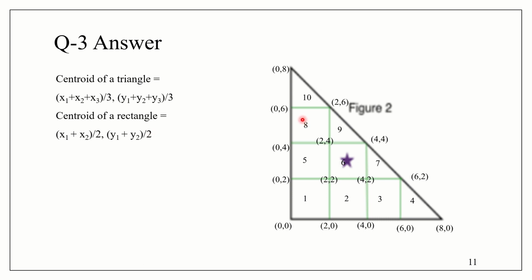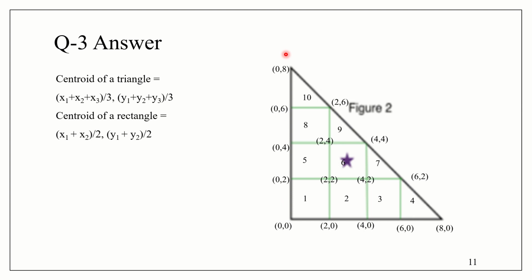For the simplicity of solving this problem, we are considering 8 units in dimension in the x-axis and 8 units in the y-axis. So we are putting points as 0, 0, and for each cell we are giving 2 unit dimensions: 0, 2, 4, 6, 8 along x, and similarly in the y-axis we have 0, 2, 4, 6, 8.